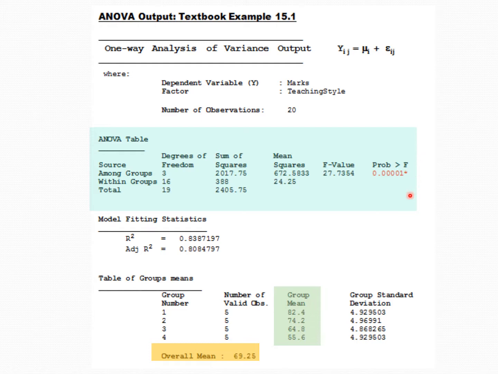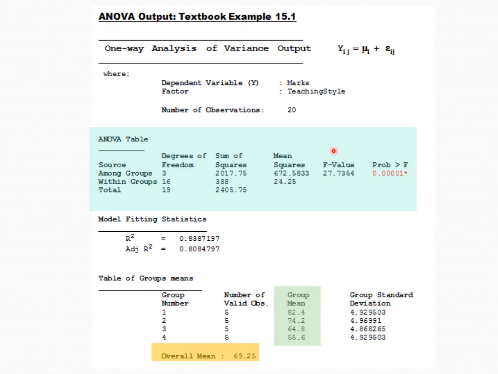Then this next part that's highlighted in blue is your ANOVA table. So that's basically all the measures that we calculated on the previous slide for example 15.1, and it's just summarized in the ANOVA table on the computer output.